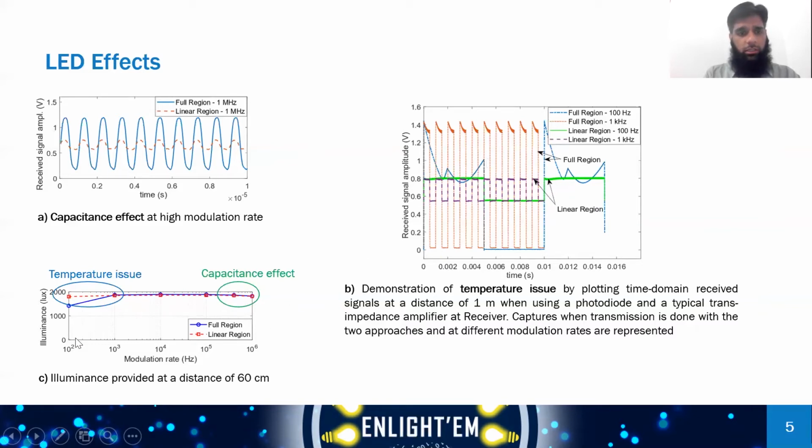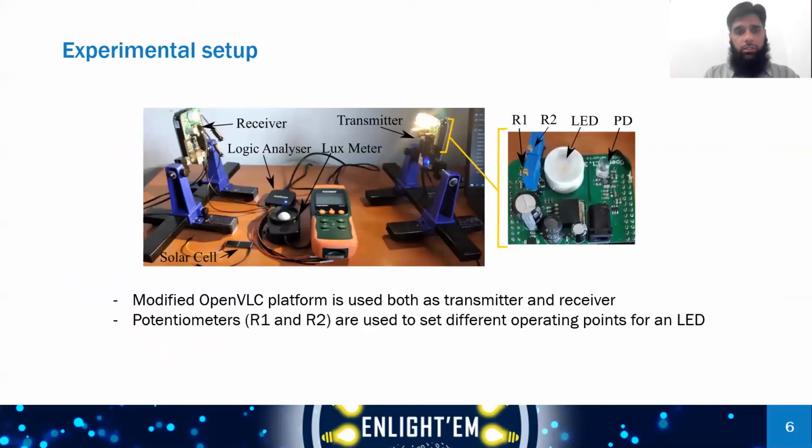In the third graph, you can see modulation rate on the x-axis and illuminance on the y-axis. In the start, with the full region approach, due to the temperature issue, we get less illumination, and the capacitance effect is prominent at higher modulation rates. So a VLC link designer must be careful with these issues.